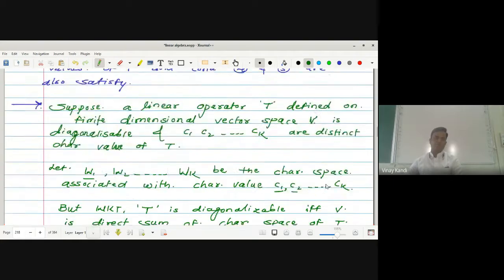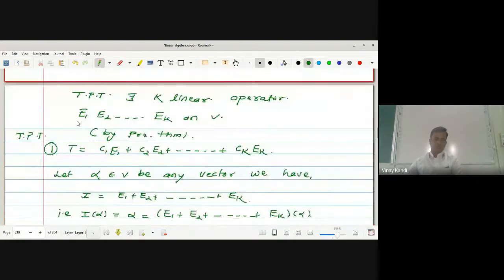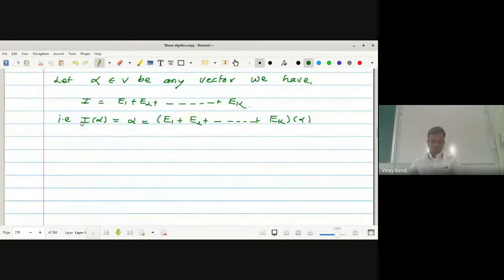So alpha is equal to the summation, i running from 1 to k, of Ei of alpha. Is it correct? Yes, sir.